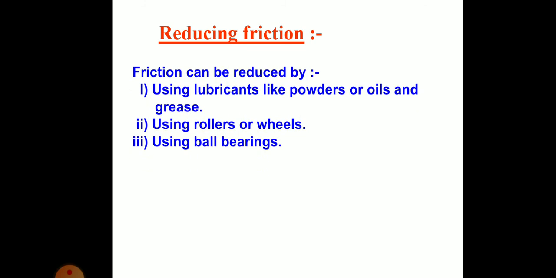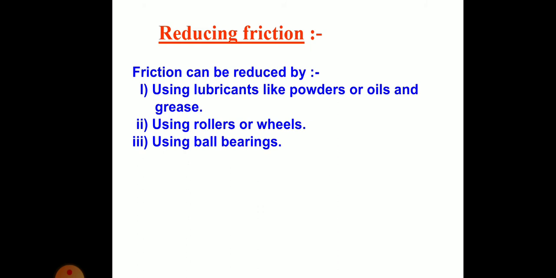This is done by various methods. Friction can be reduced by using lubricants like powders or oils and grease. By applying these products, we can reduce friction so that the surface can be made smooth.